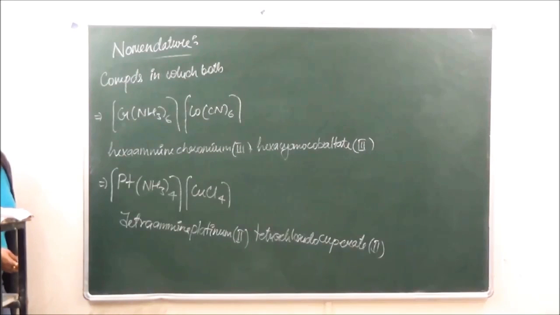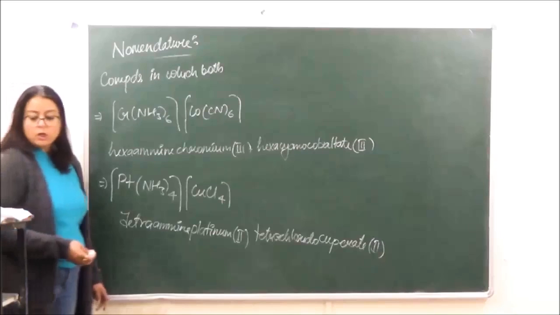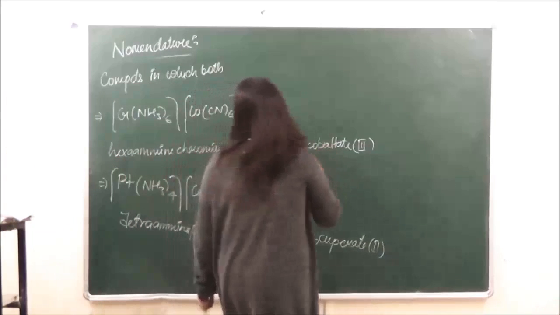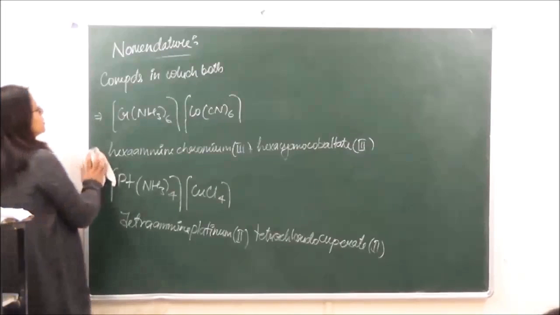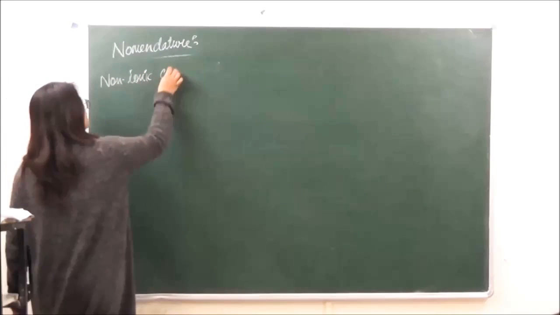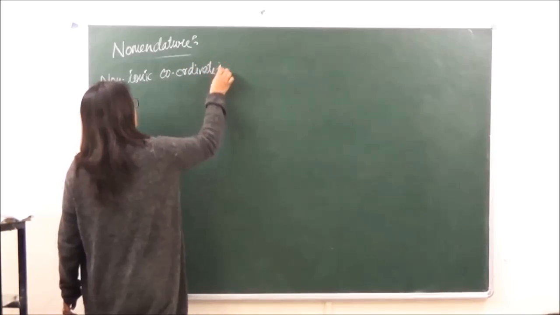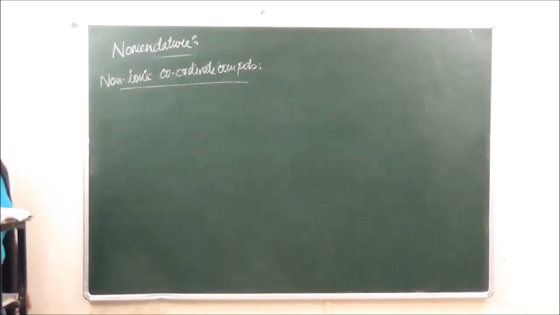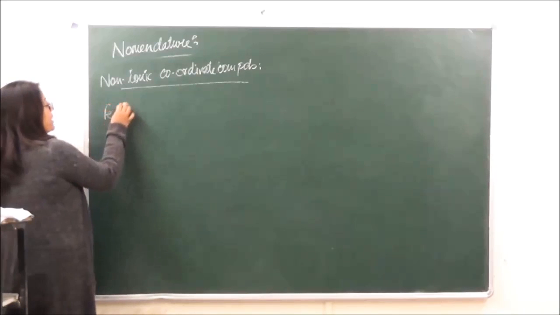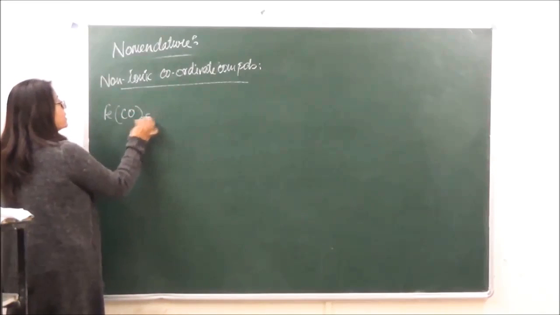Is it clear? Then we also have certain non-ionic coordinate compounds. So how do we name the non-ionic coordinate compounds? Now when we are talking of non-ionic coordinate compounds, for example we have this.